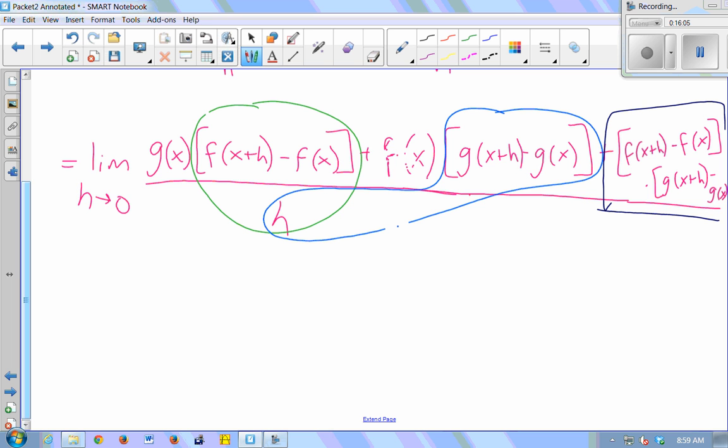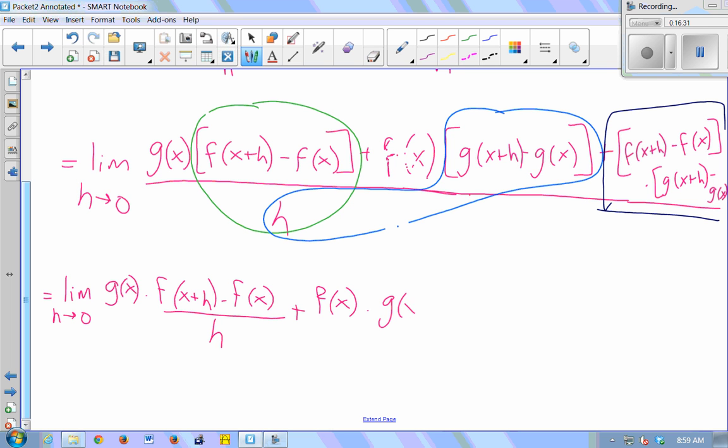So what I end up with when I rewrite everything nicely and a little bit smaller so I can fit it all is g of x times f of x plus h minus f of x all over h plus f of x times g of x plus h minus g of x all over h. So I've just rewritten a little bit here.